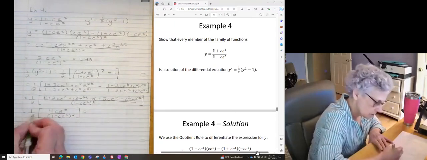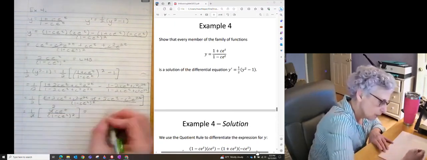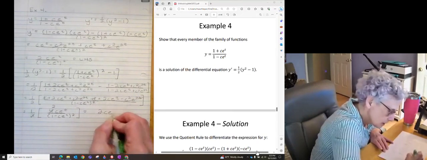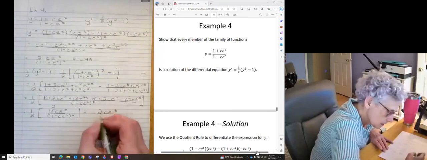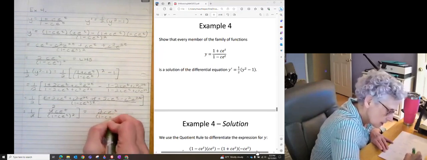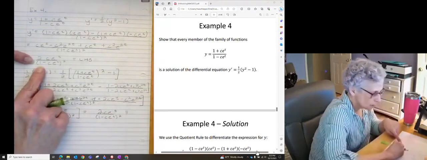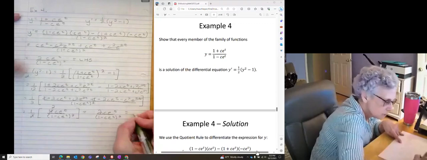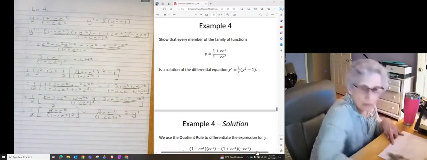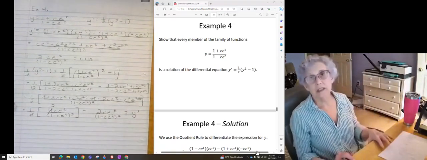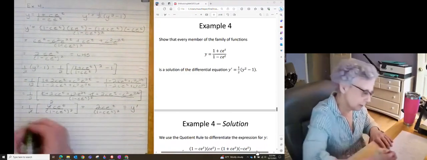That 2 goes into 4, leaves me with 2c e to the t over (1 minus c e to the t) squared, which, oh, look at that. That's equal to y prime, which is exactly what I wanted to show.